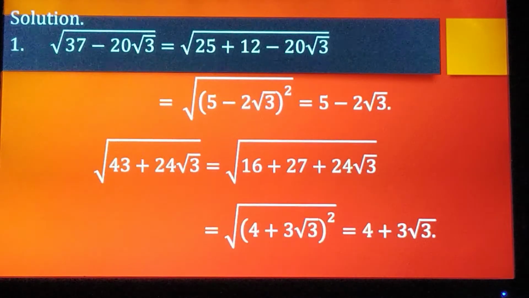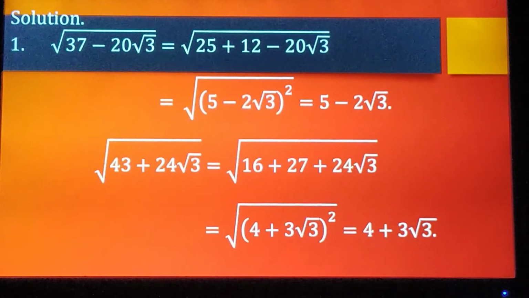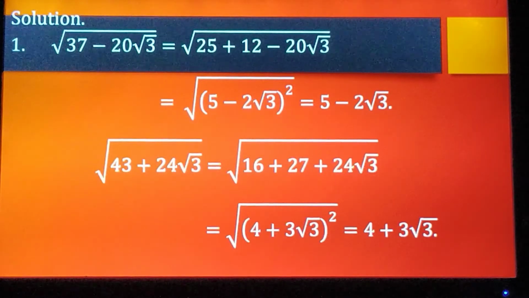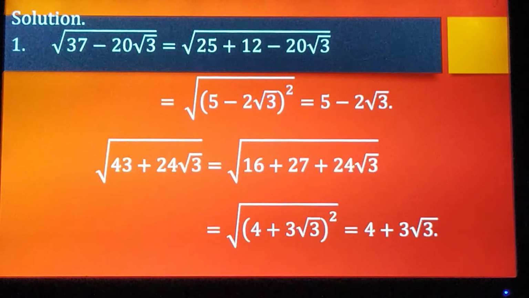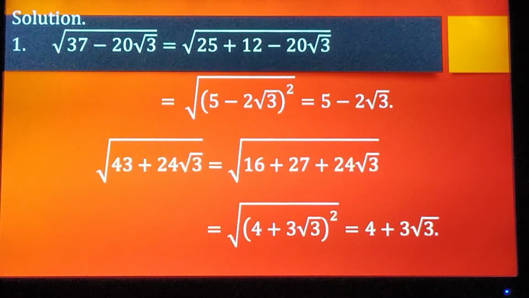And this number, 25 plus 12 minus 20 times the square root of 3, is actually the square of the number 5 minus 2 times the square root of 3. And since the square root and the squaring process are processes that cancel each other's effect, then we have 5 minus 2 times the square root of 3 as the simplified form of the given number.